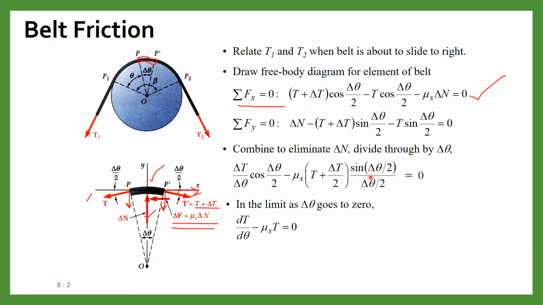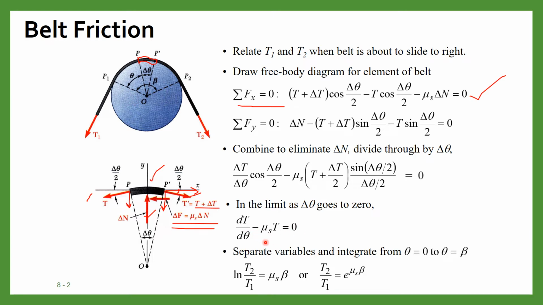So this will be 0, and for small values, sin delta theta by 2 is approximately equal to delta theta by 2, which will cancel out. So finally we get the equation dT by d theta minus mu s T equals 0. This is a differential equation.